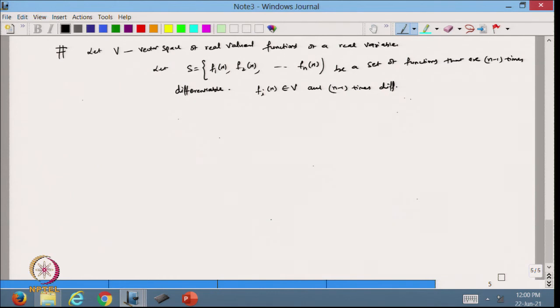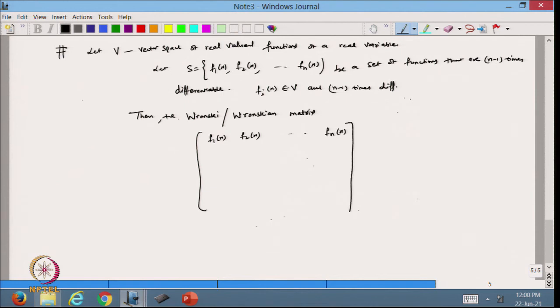Now, there is a term Wronskian, which some books also write as Wronskian. The Wronskian matrix is the matrix we are going to write: f1(x), f2(x), up to fn(x).